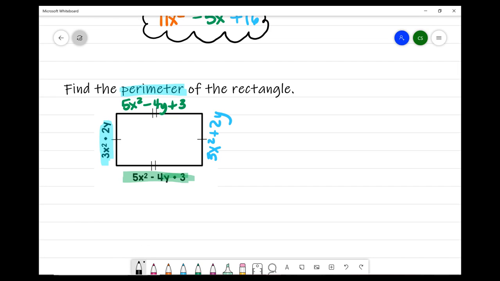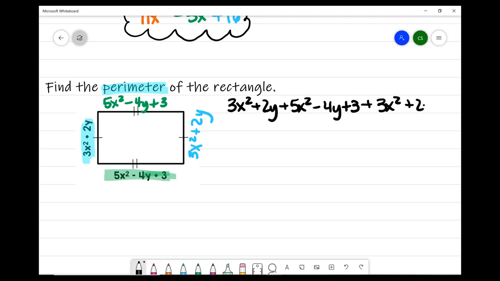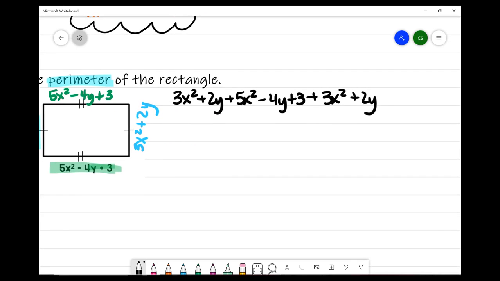And they want me to find the perimeter. That means I must add up all 4 sides. So 3x squared plus 2y plus 5x squared minus 4y plus 3 plus 3x squared plus 2y plus 5x squared minus 4y plus 3.